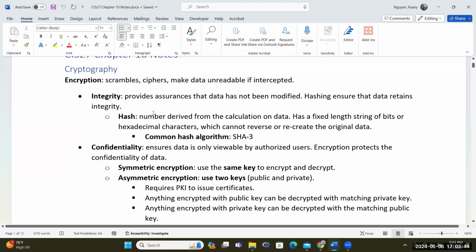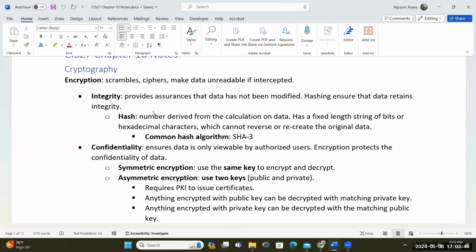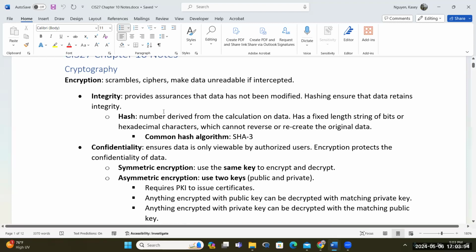And when we apply the algorithm, it would use the hash value for the key to be able to generate that particular encryption. So the hash is just a number that is calculated for the data, and it's normally displayed in hexadecimal value or a certain numerical value that represents the hash. It will be a long string.